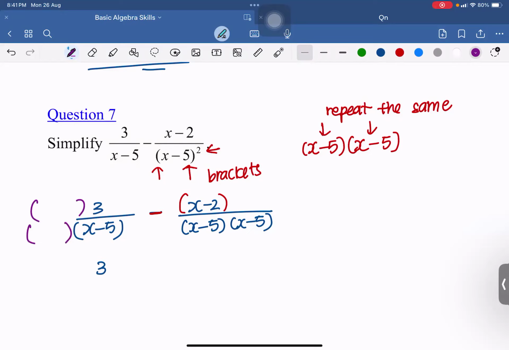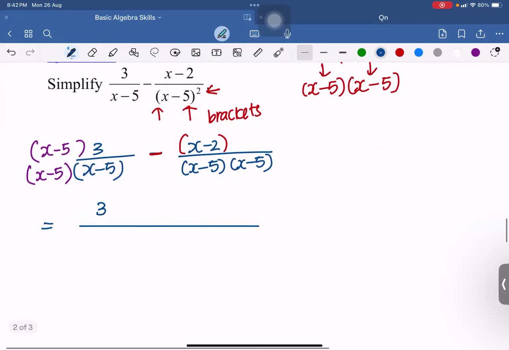What do I need to multiply? x minus 5. Correct, x minus 5. So if that's the case, how many brackets will there be in my denominator? 2. What are the two?